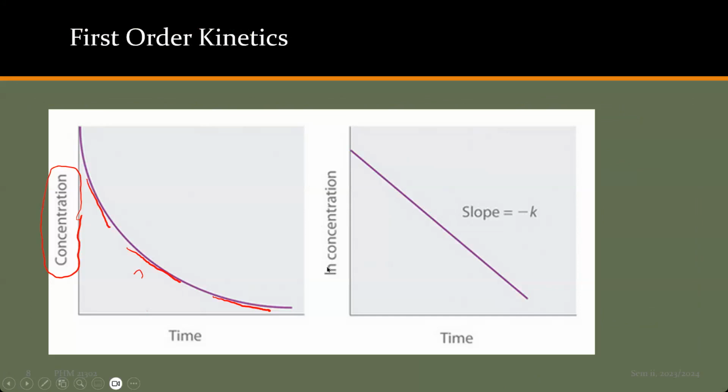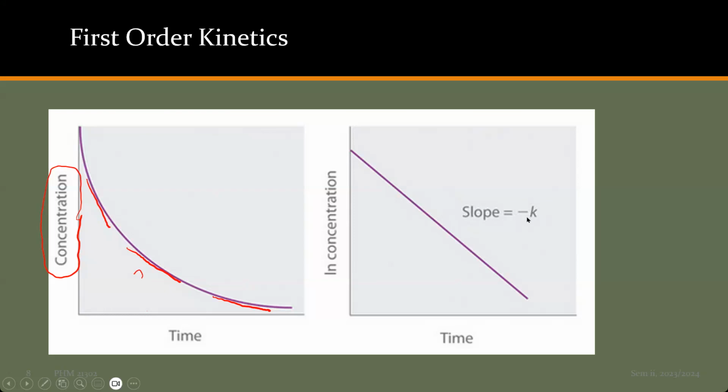The same also when you plot log concentration. The rate constant can be calculated graphically from the slope. The slope here is negative since the concentration is decreasing with time, but the rate constant is always positive.